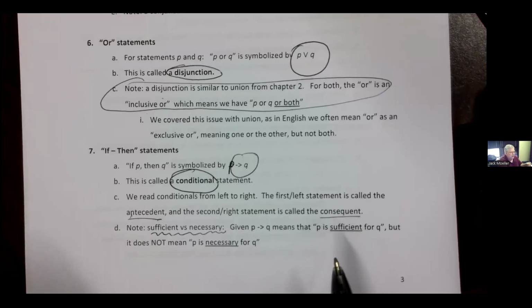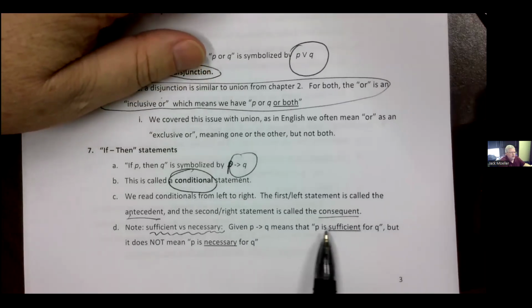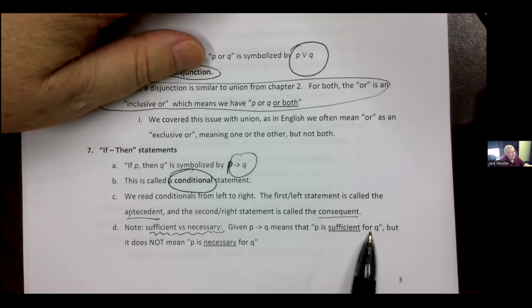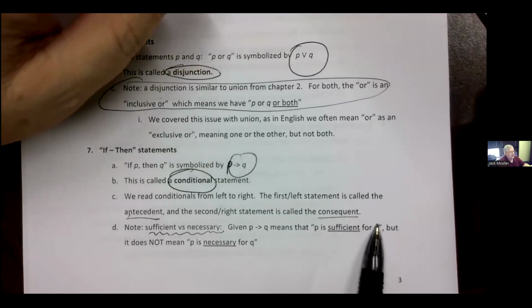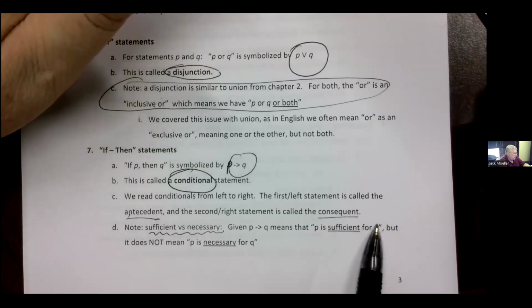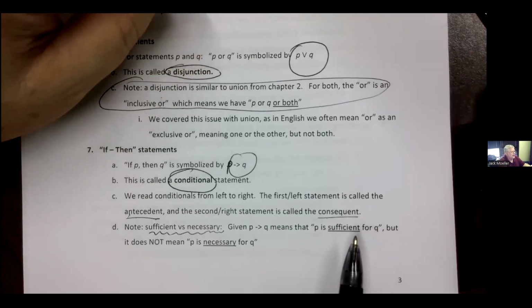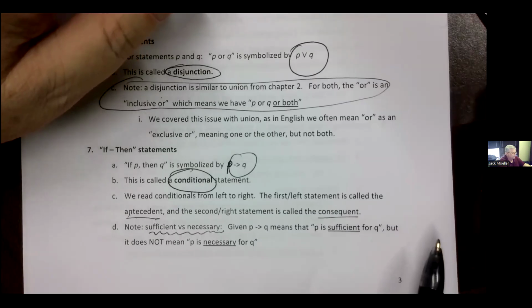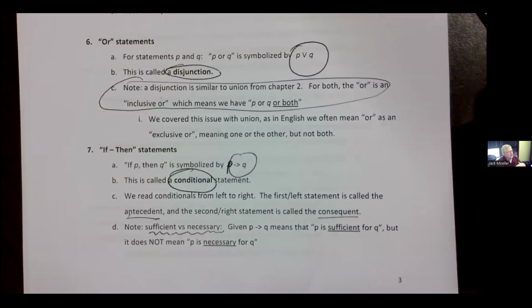A weaker condition is sufficient. If we say P is sufficient for Q, that means if P happens, then Q will happen, but Q can happen without P. A good example: if I say, if you're taking this class, then you're a Carl Albert student. Taking this class is sufficient for me to say yes, you're a Carl Albert student.